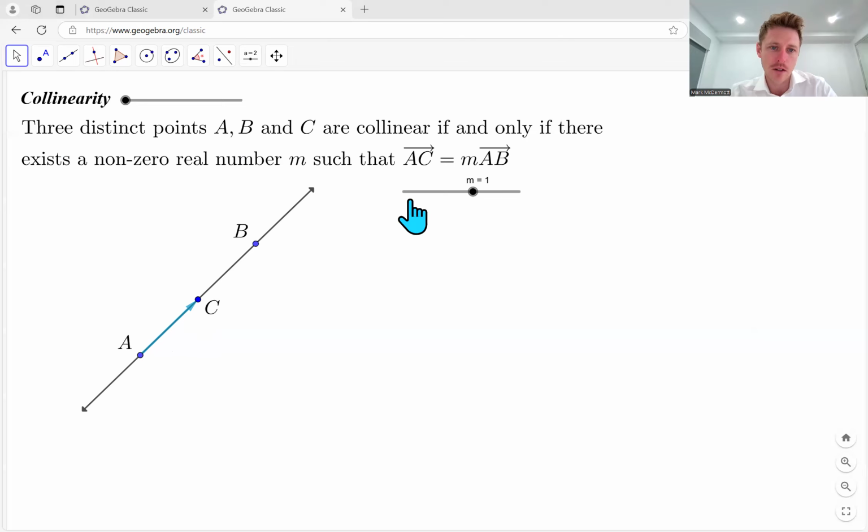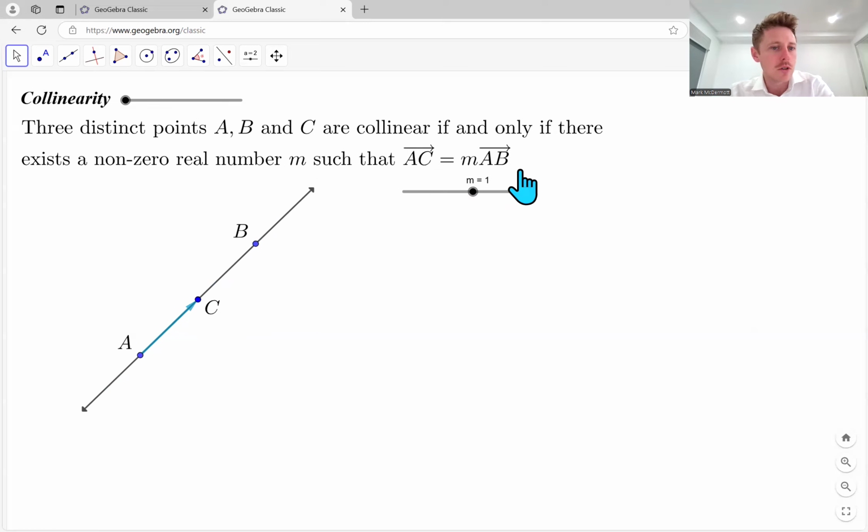That means there is a non-zero real number such that AC is a multiple of AB. We can change M, but AC is just going to be a multiple of vector AB, pointing in the same direction. It's just that the size is different, and we can change that size based on the size of M. So those points A, B, and C must be collinear.